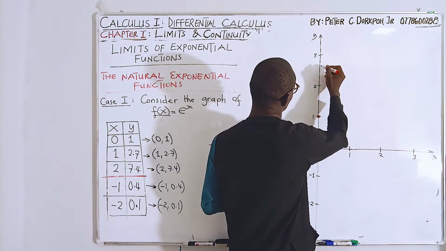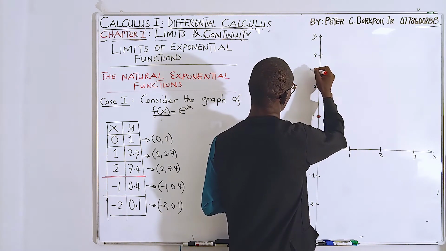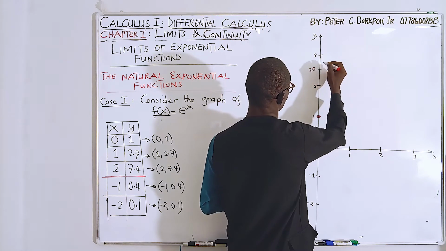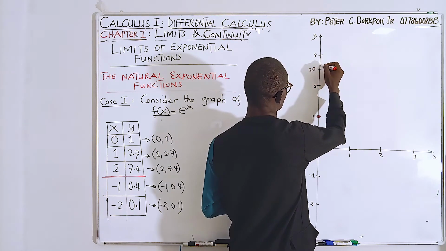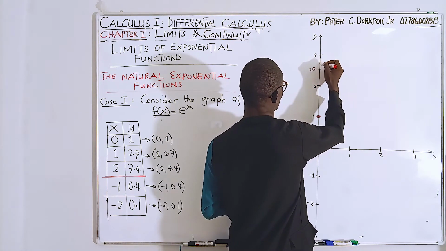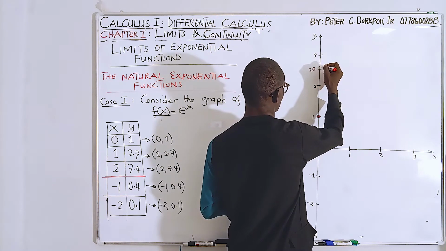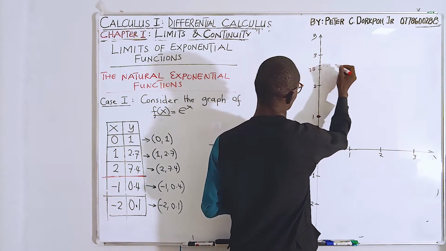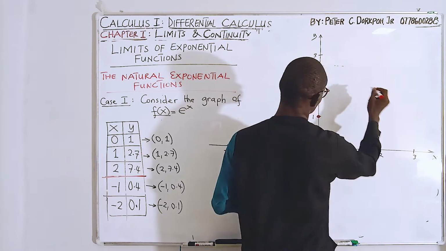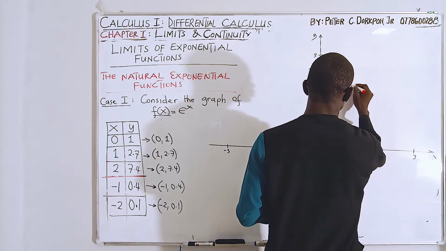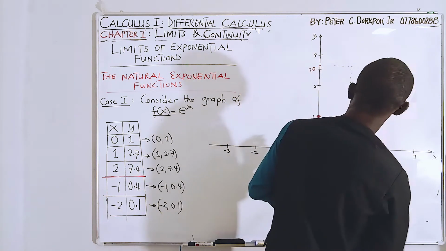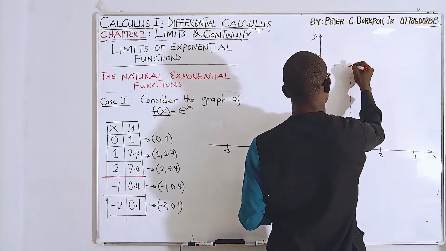So 2.7 is between here, assuming that this is 2.5. So 2.6, 2.7, 2.8, 2.9. So let's say 2.7 right here.